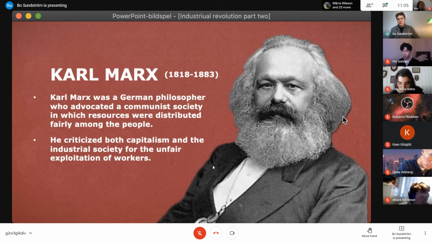But what we have to understand here is that he criticized both capitalism and the industrial society for many things, but one of them would be the unfair exploitation of workers. The industrial society puts people, according to Marx, in the position as workers, as proletarians, and that has huge consequences on the minds of human people, but also on the way we behave and the way we feel and the way society will work in the future.